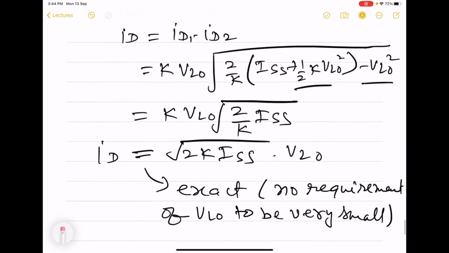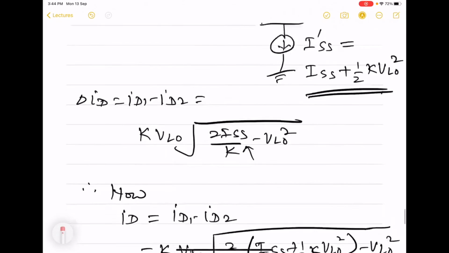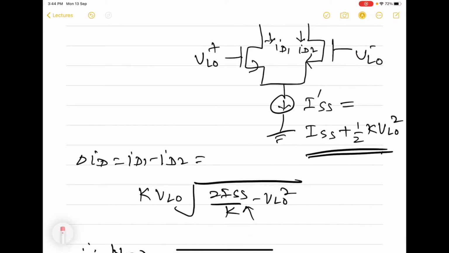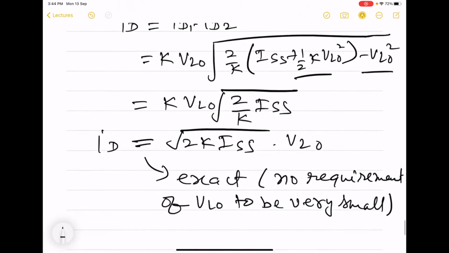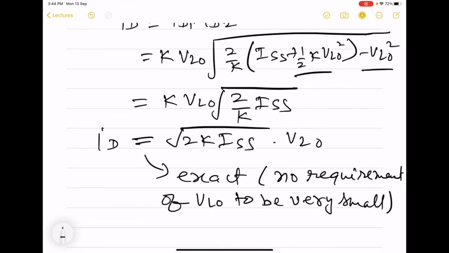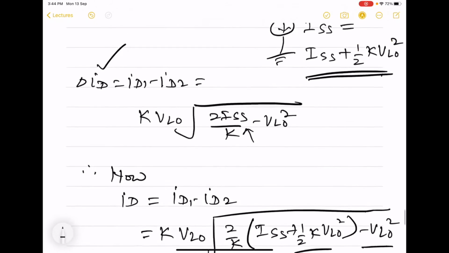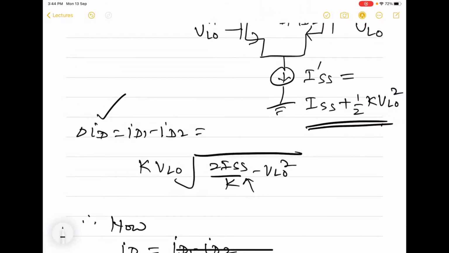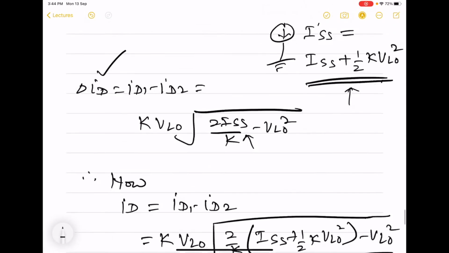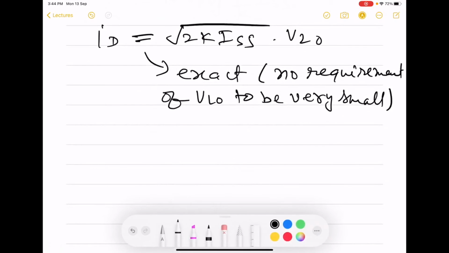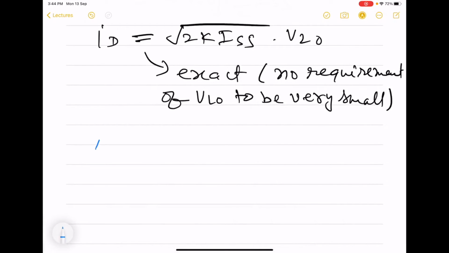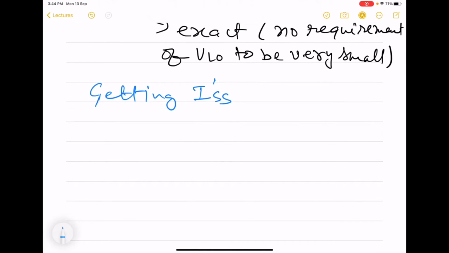Now the question arises, that is fine. Mathematically, we are able to get an exact expression for the difference of this current as the product of LO and square root of ISS. That is very fine. But then how to achieve this in real life? That means how to get this ISS kind of current. So now the next question is getting or generating ISS dash. It is not very difficult.